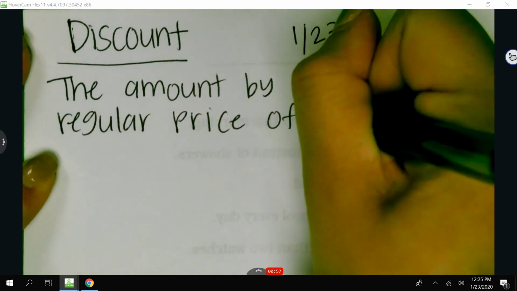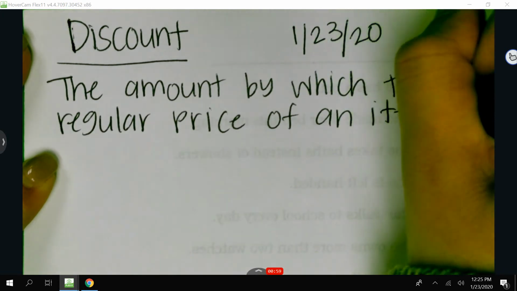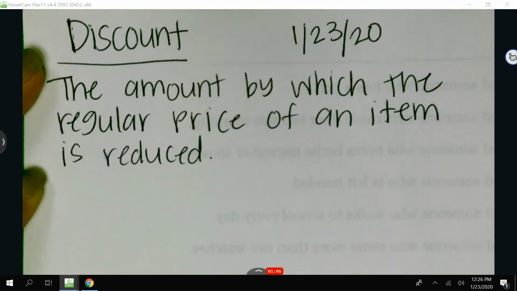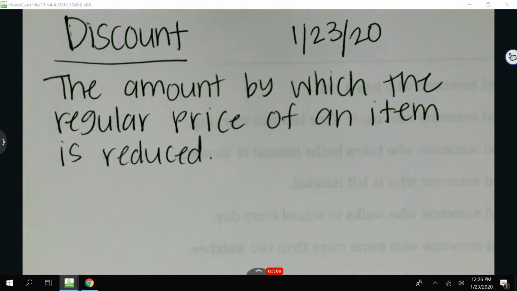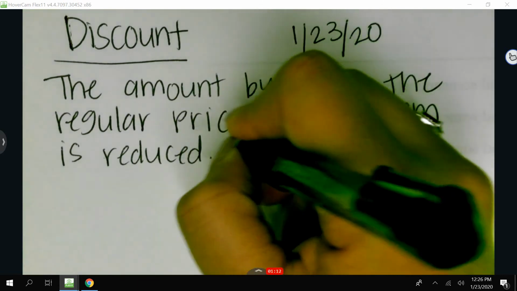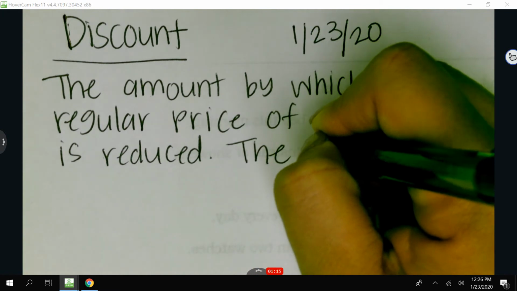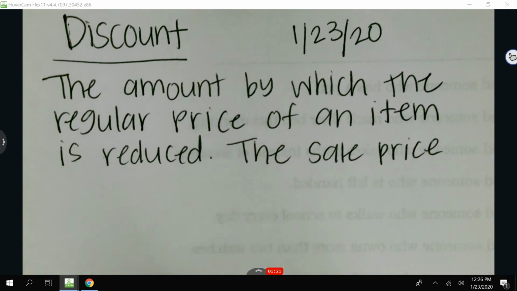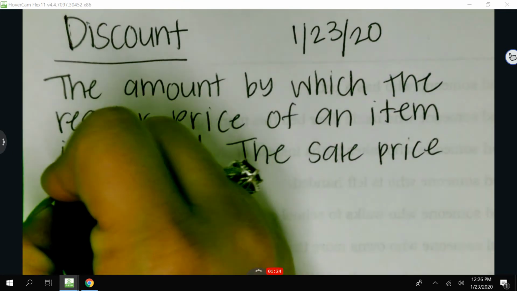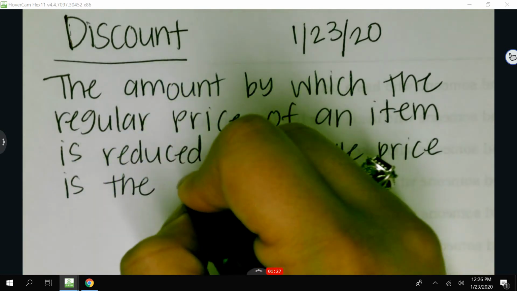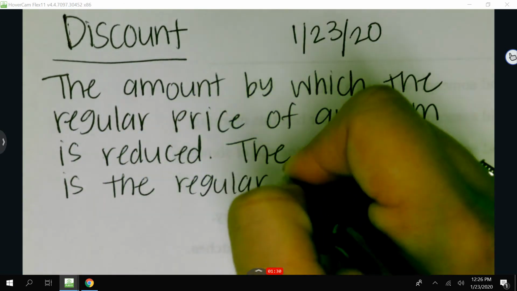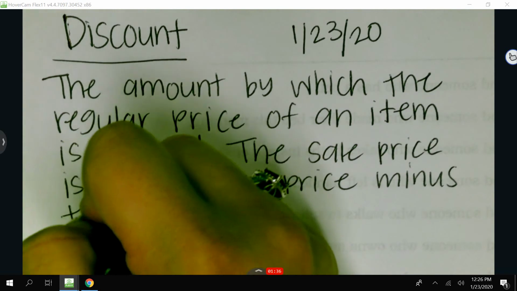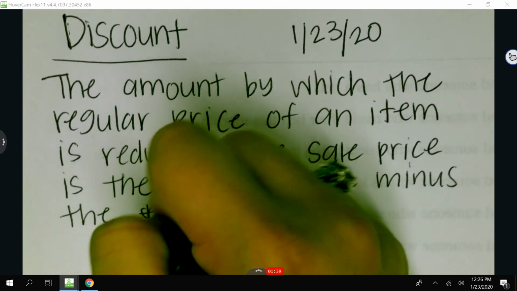And then to find that sale price, like we said, you are going to subtract that from your regular price.